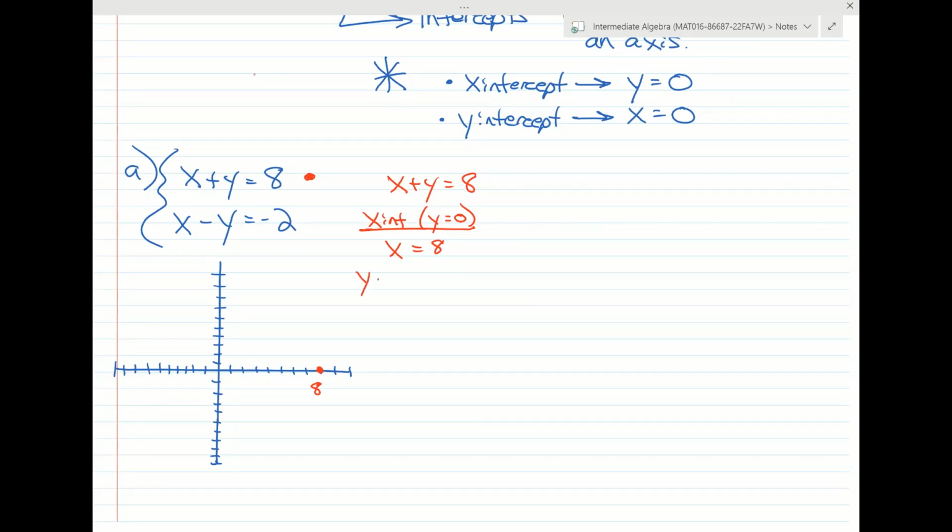And then we can get the y-intercept by putting 0 in for x, and you just get y is 8. Connecting our intercepts gives us that line.